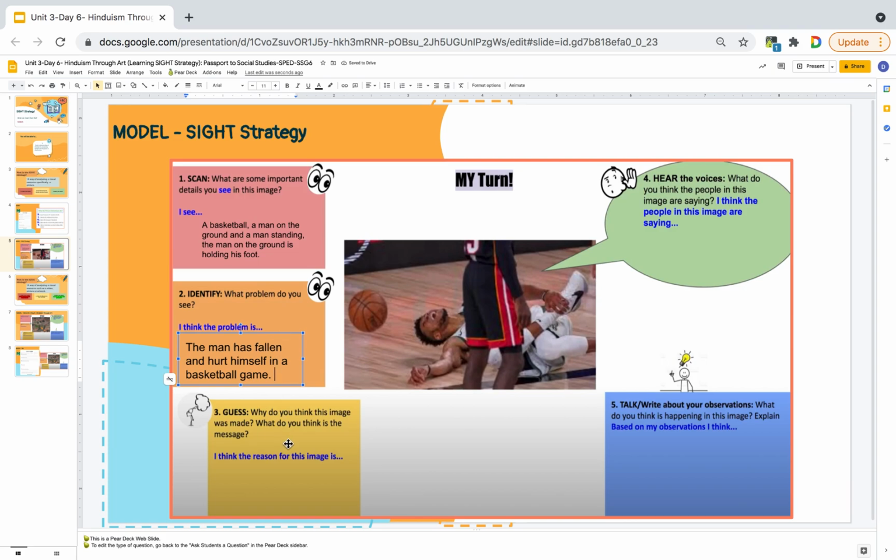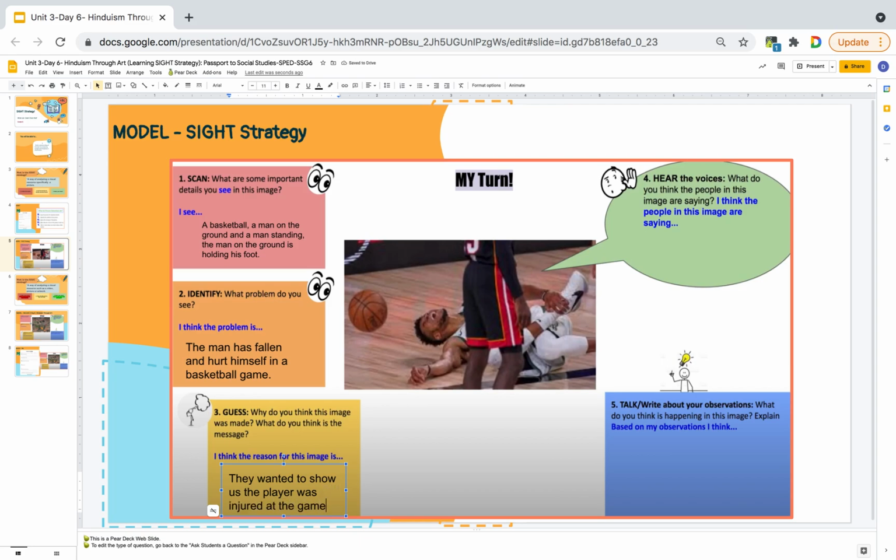Then we want to guess. Why do you think this image was made? What do you think is the message? So if we were thinking about this picture, why do you think this picture was taken? One inference that I can make, and an inference is an educated guess, is they wanted to show us the player was injured at the game.